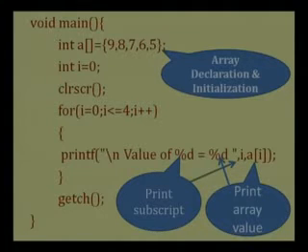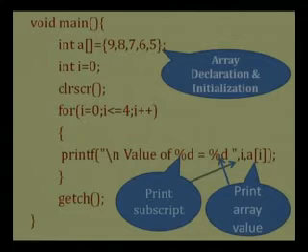Again it checks: i is 2, 2 is less than 4, yes, so it goes inside the loop. Now 3 is 6, and it prints. Now it increments to 4. Again 4 is less than or equal to 4, yes, so it goes inside the loop and prints the index and the value.